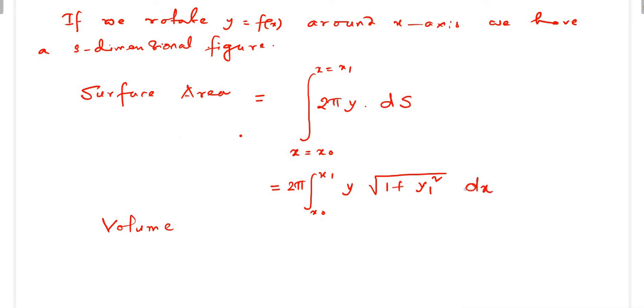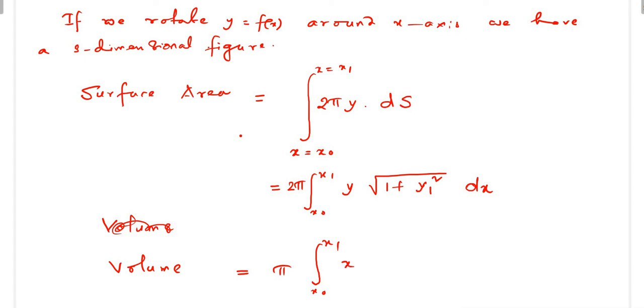dx. Okay, and similarly, let us focus on the surface first of all. Okay, let me write the volume. Volume will be pi times integration x0 to x1, x square dy, I guess.